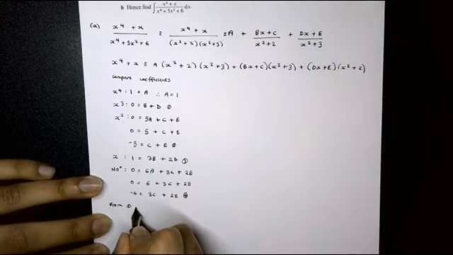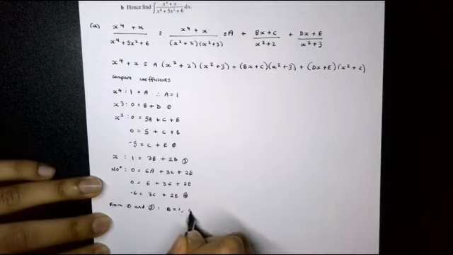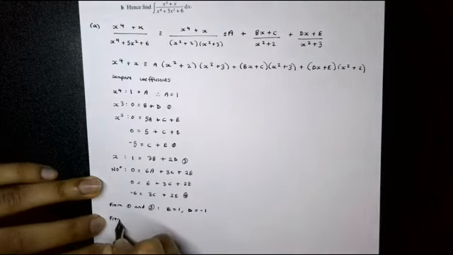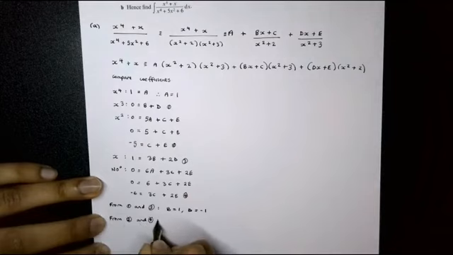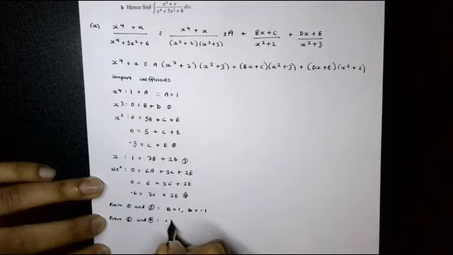From equation 1 and 3, you can see here b is equal to 1, d is equal to minus 1. And from equation 2 and equation 4, we've got c, which is equal to 4, and e, which is equal to minus 9.